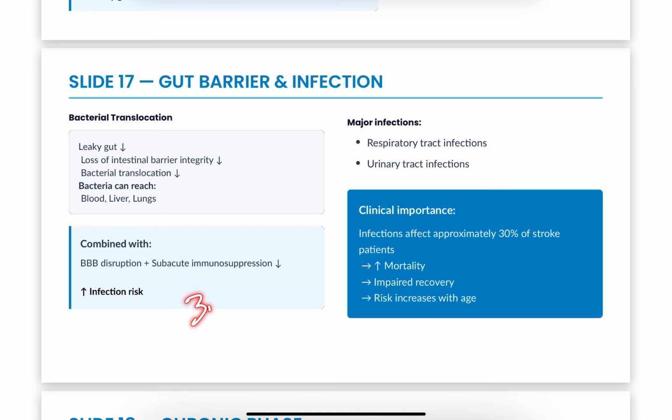Approximately 30% of stroke patients can develop infections, particularly respiratory and urinary infections. And these infections will increase what? They will increase the mortality rate and can interfere with the neurologic recovery, and this risk will actually increase with age. So all of this is related. I hope it makes sense.